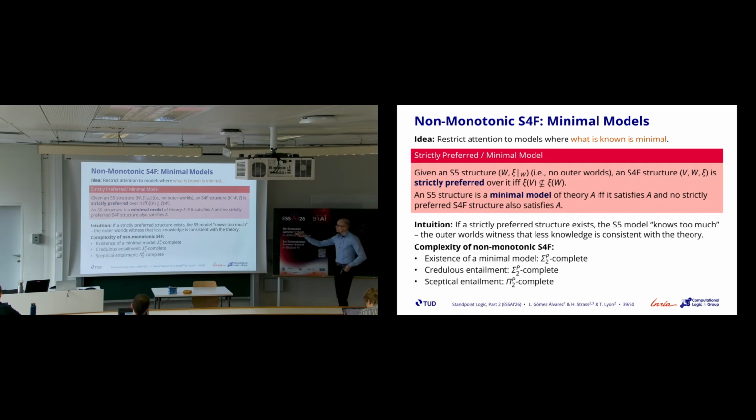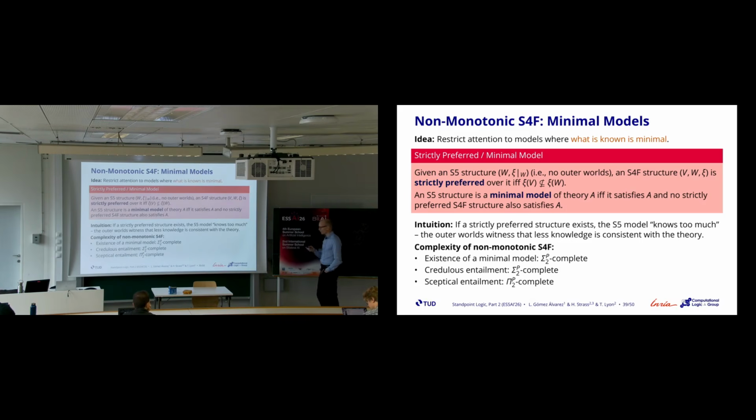It is, however, important that we do this check against an S4F structure. We could also say, well, an S5 structure is minimal if we don't find another S5 structure with strictly more worlds. That would give us a different logic. So in this case, it's really important that we do the minimality check against candidates that can be more generally S4F structures, and they must have the same set of inner worlds.